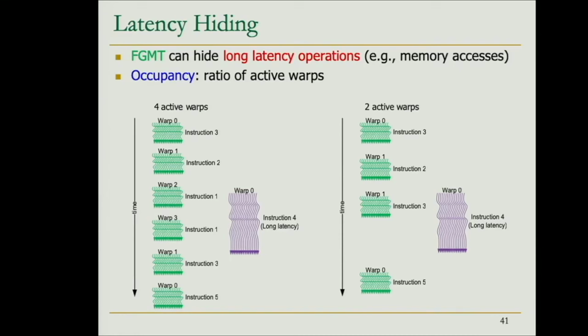So here is instruction 4 for warp 0, here is instruction 1 for warp 3. So each of them needs its own program counter. In the end, a program counter is a register, and we have a maximum number of program counters inside the GPU core. So that's essentially what limits the maximum number of warps that we can have inside each of the GPU cores.